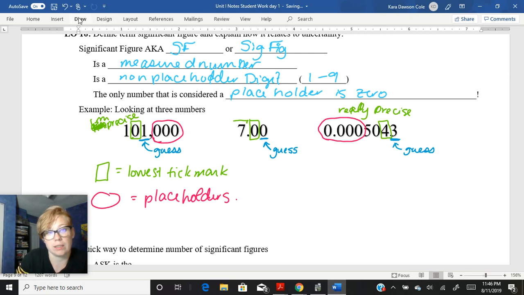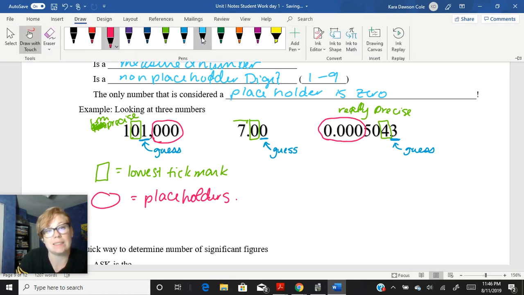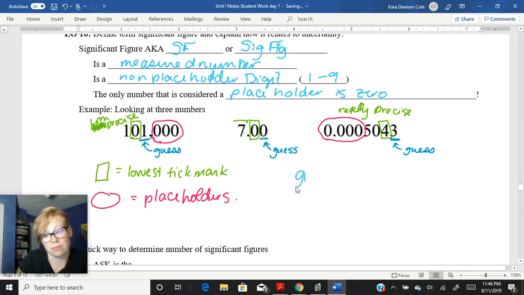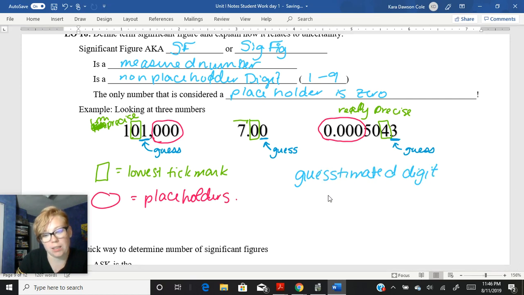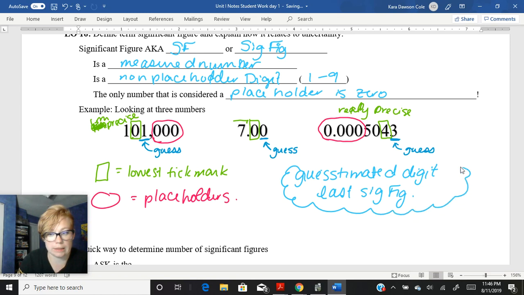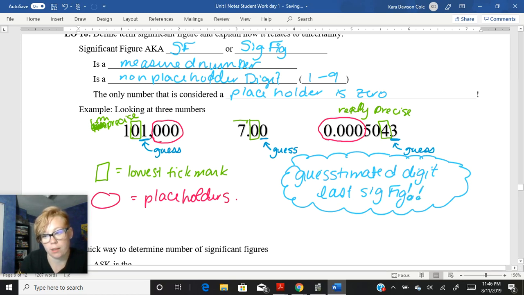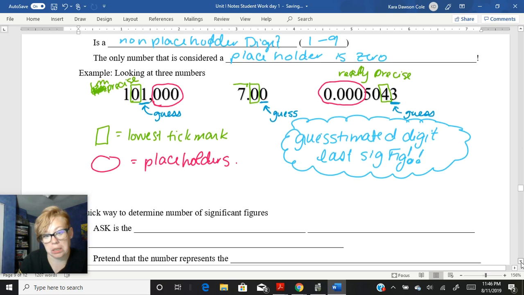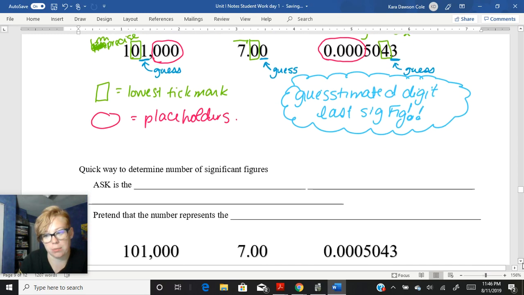So the guesstimated digit is a sig fig. It is the last sig fig in a number. Okay, so guesstimated digit is the last sig fig in a number. Really, really important. Guesstimated digit is the last sig fig in the number.